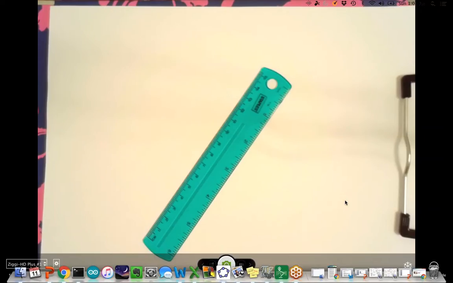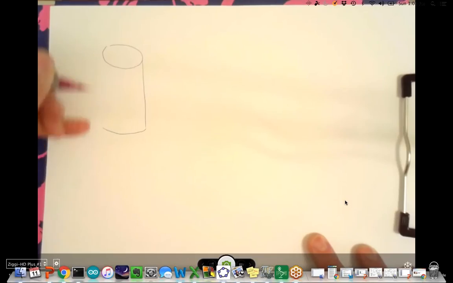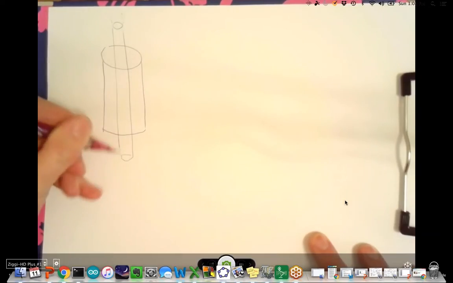A Gauss's law problem. Okay. Let's take a look at one of the cylinder ones, because I think people messed up those more than the sphere ones. So let's say that we've got an infinite cylinder that keeps going, and we've drawn a Gaussian surface around it.